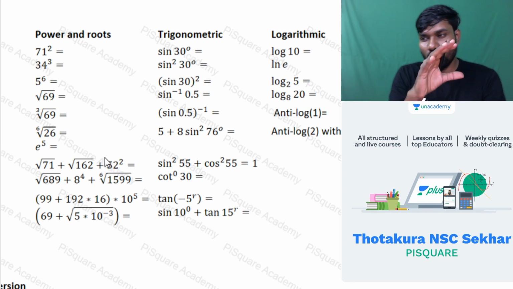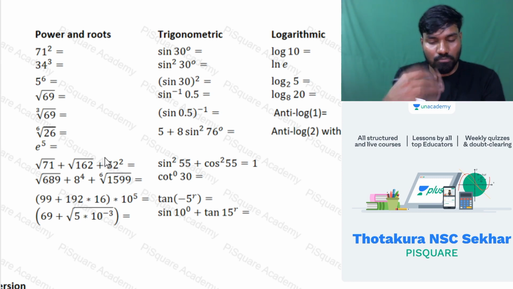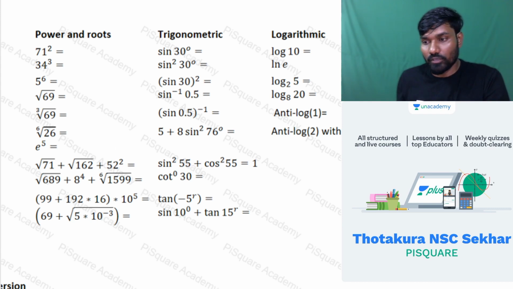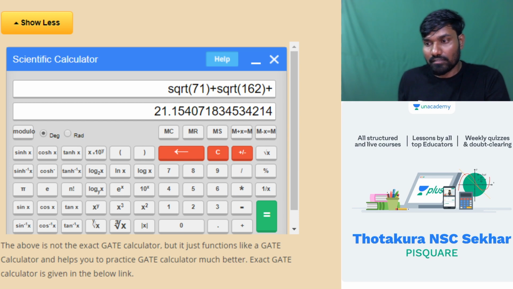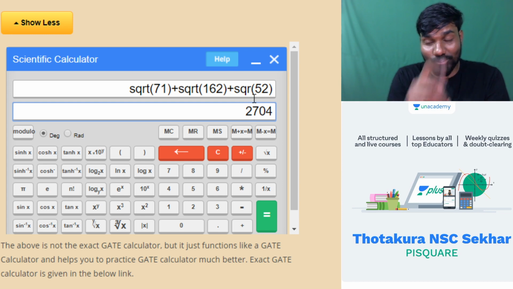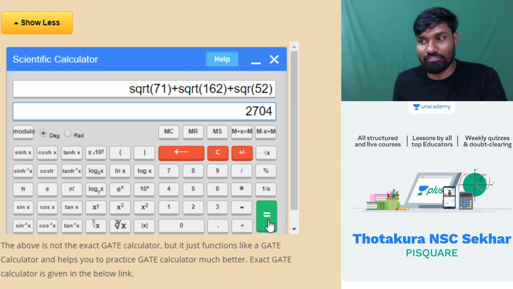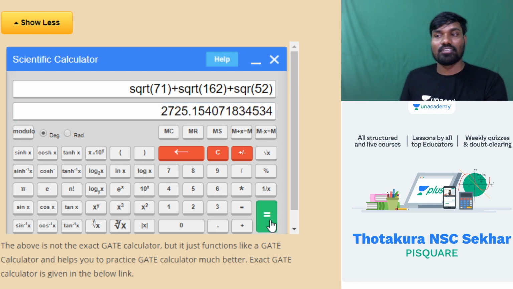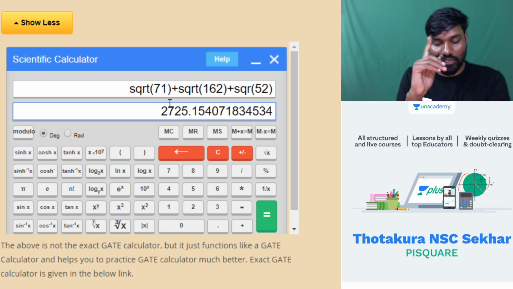Guys, do all these operations and practice more number of times, it will be clear. This is the initial result. For the final result, hit this at least twice, that will make it error free. 2725.154. Follow the tips, don't ever miss the tips.